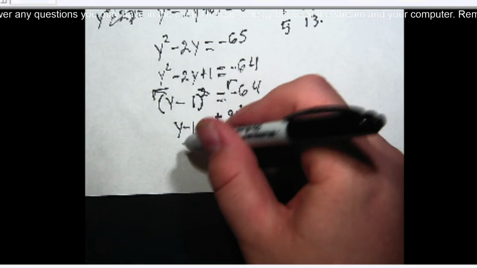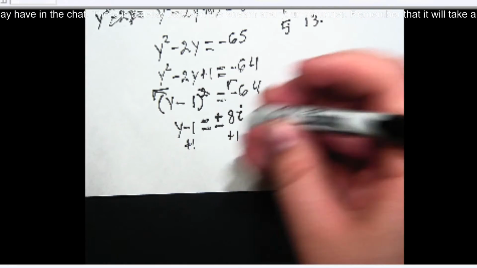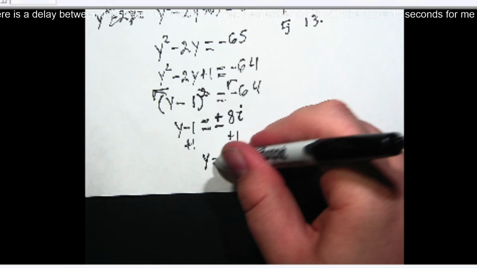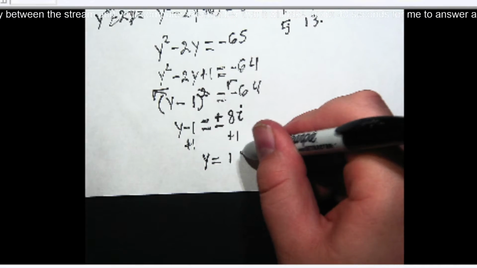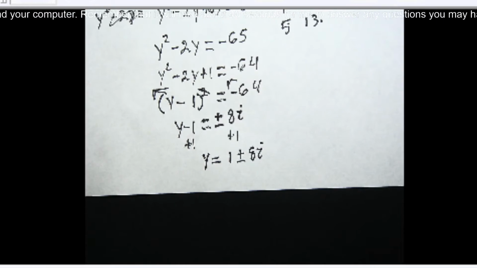And then from this point, we just need to add 1. And we get y equals 1 plus or minus 8i. And there's our answer.